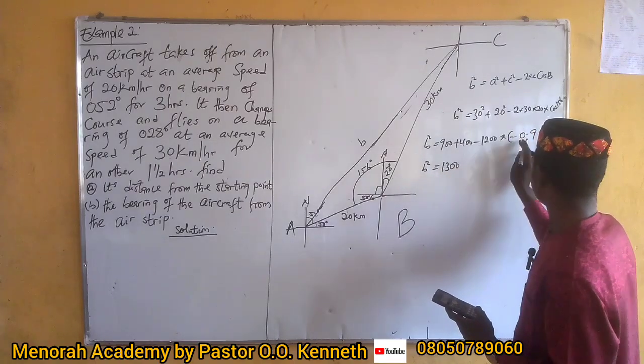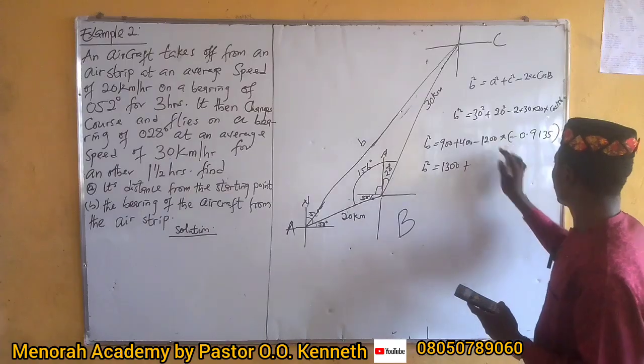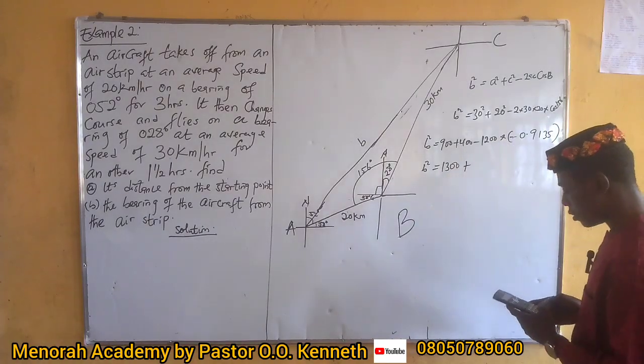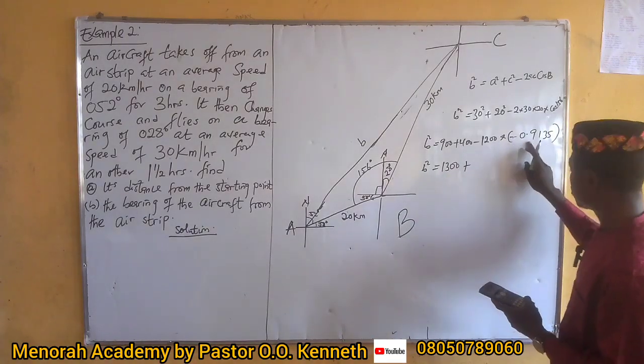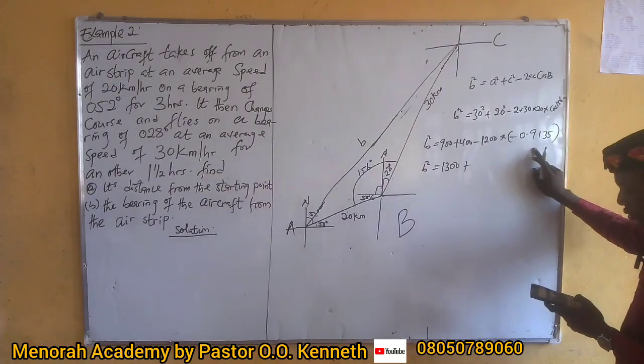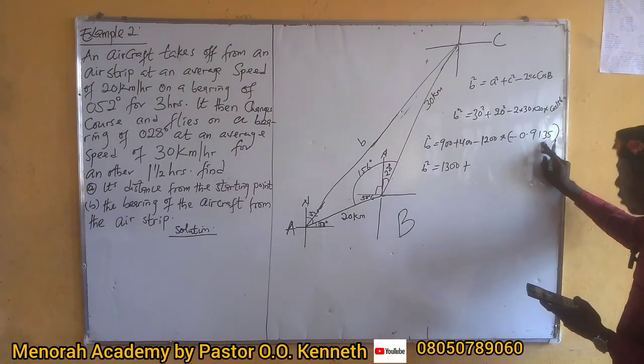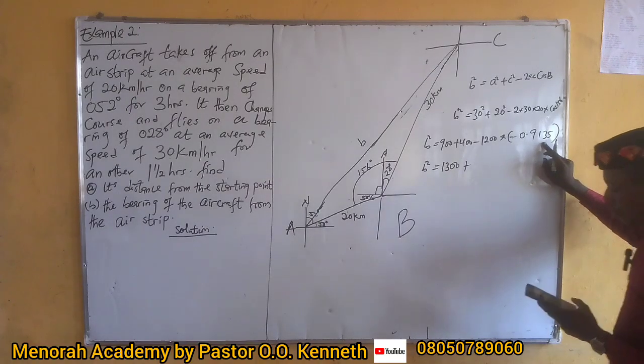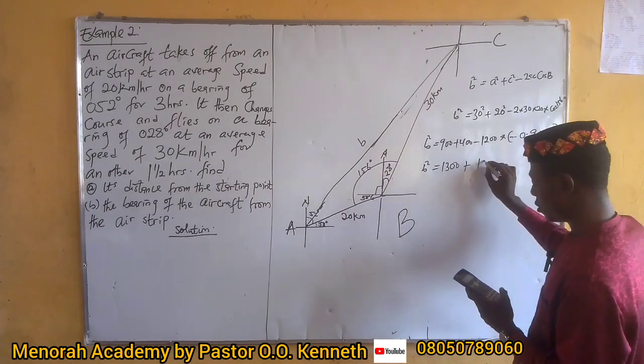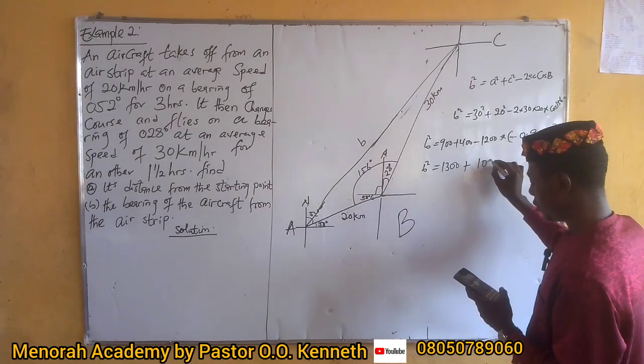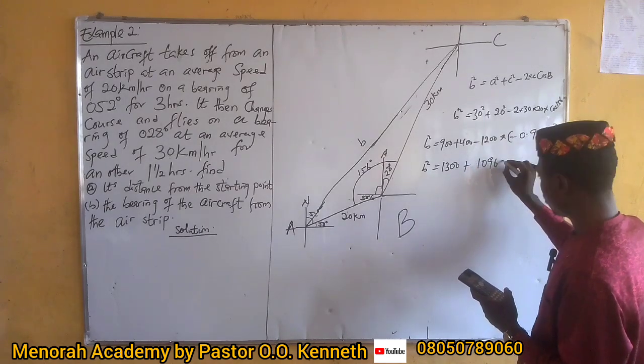Then minus times minus will be plus, 1,200 times 0.9135 gives me 1,096.2.